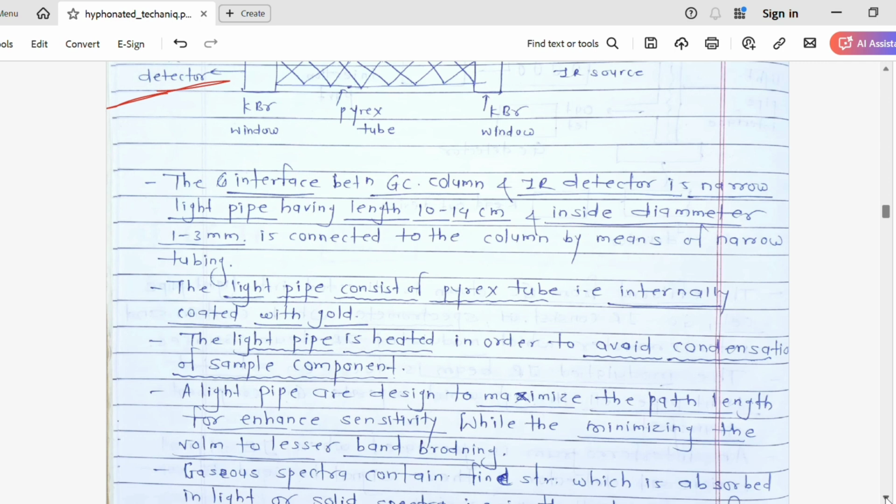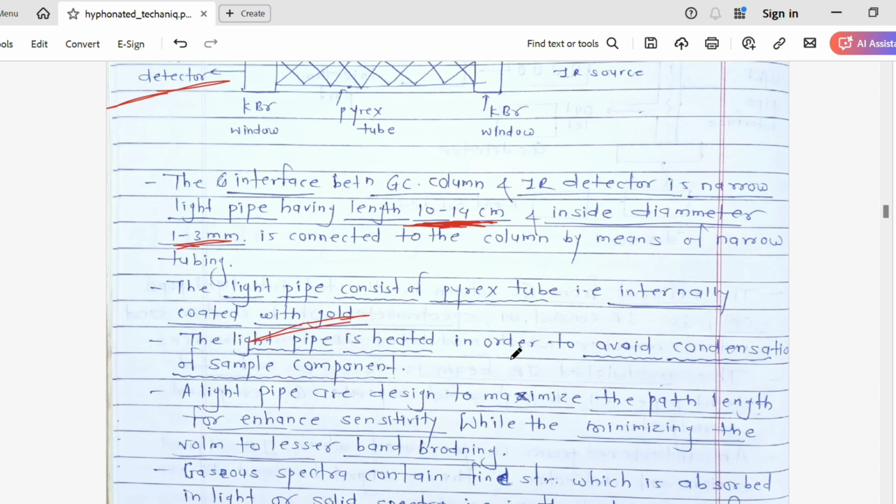The interface between the GC column and IR detector is a narrow light pipe having a length of 10 to 14 centimeters and an inside diameter of 1 to 3 millimeters.